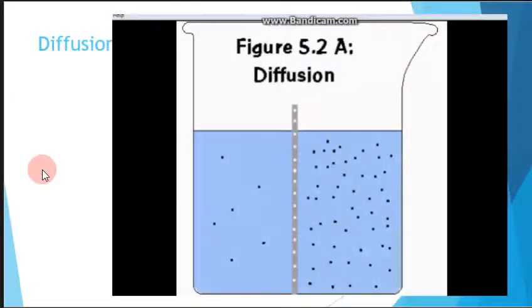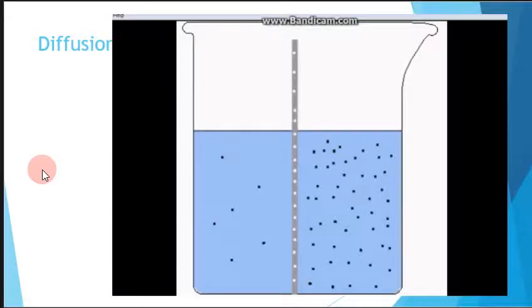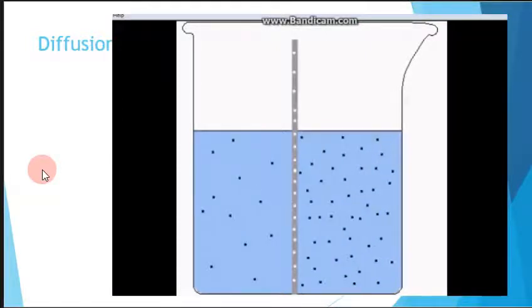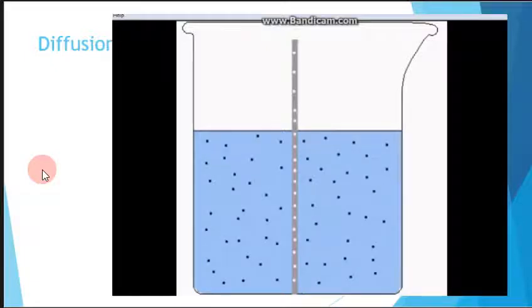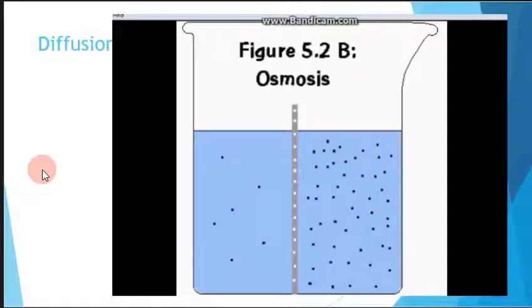Diffusion tends to even out concentration across a permeable membrane. In this beaker, we have a high concentration of solute to the right of the membrane and a low concentration to the left. Since the solute is free to travel across the membrane, the random motion of the solute molecules works to even out the concentration, so that by the end, the concentration of solute is the same on both sides of the membrane. Osmosis also evens out concentration, but in a different way. Once again, we have a beaker with a high concentration of solute to the right of the membrane and a low concentration of solute to the left. This time, however, the membrane is semi-permeable.